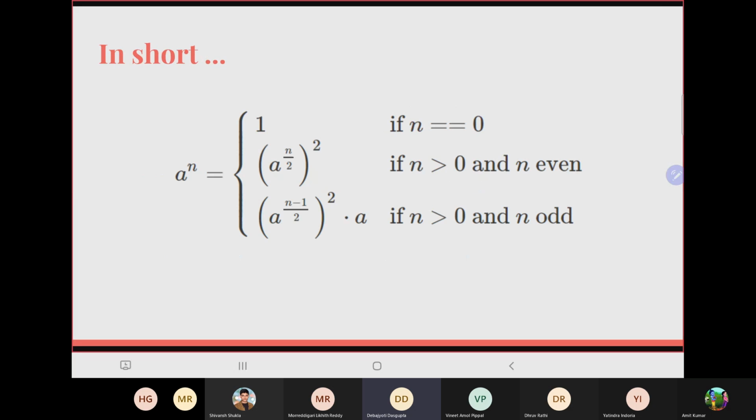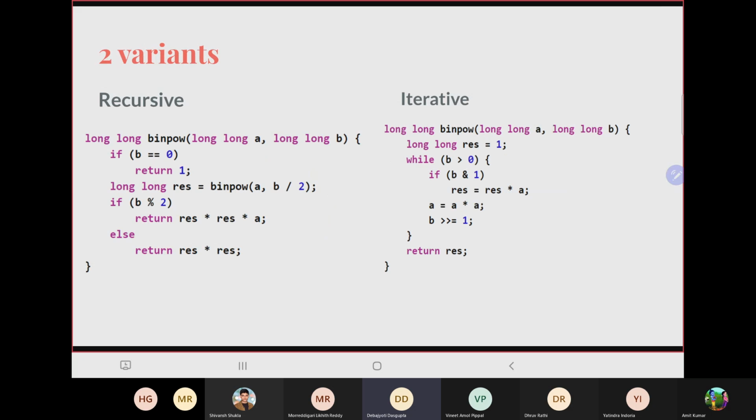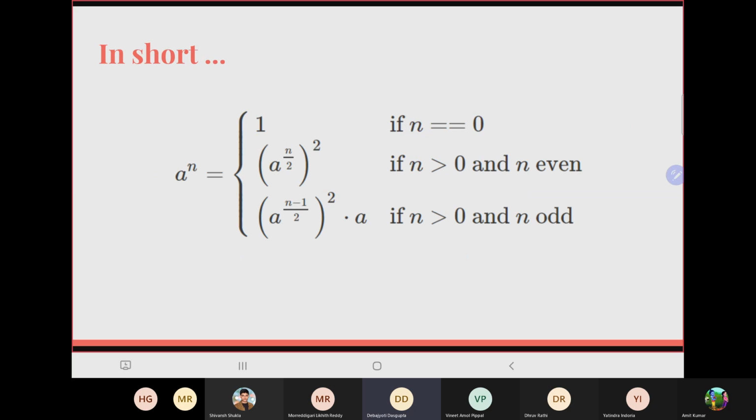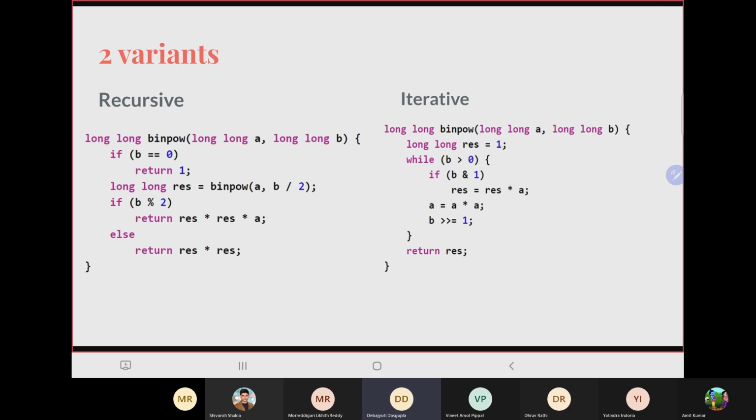Now the next case: if n is even, we compute a power n by 2 and just square the result. In both the cases we need to find the floor value of n by 2. When we do integer division of b by 2, we get the floor value.